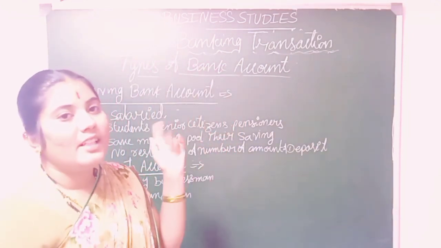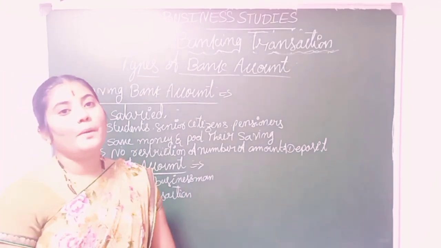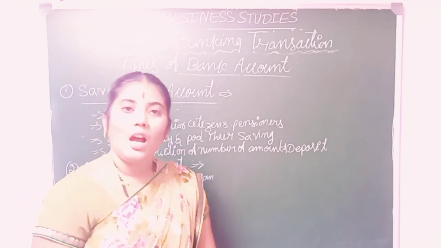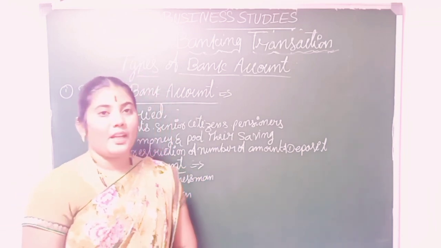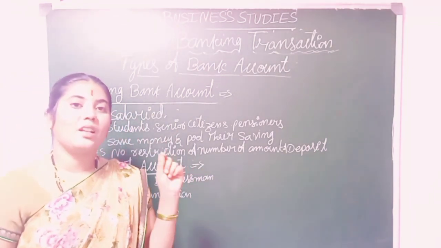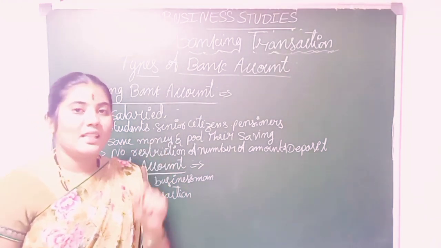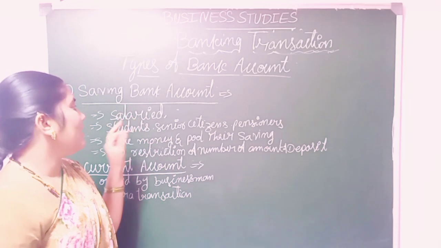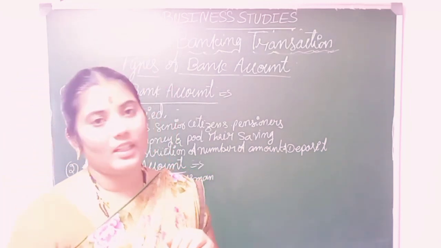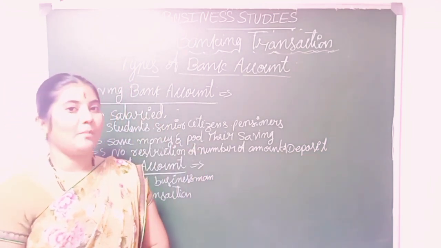Explanation of savings bank account. A savings bank account is mainly opened for salaried persons and persons who are getting regular payment. Especially it is for people who have a salary, and people who get a regular amount also open this type of savings bank account.